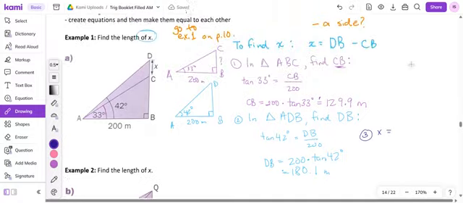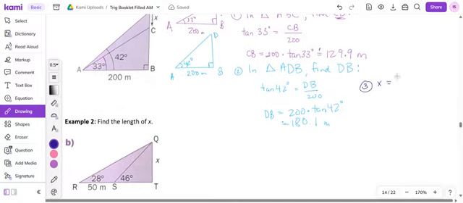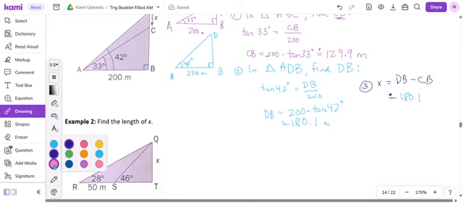All right, and so at the beginning we said X is going to be DB minus CB. So what do I get? Well, DB is 180.1. And Alexi's going to say, don't forget the equal sign. Was it you, Alexi, that reminded me of that? No, it was Oliver. And CB is 129.9.